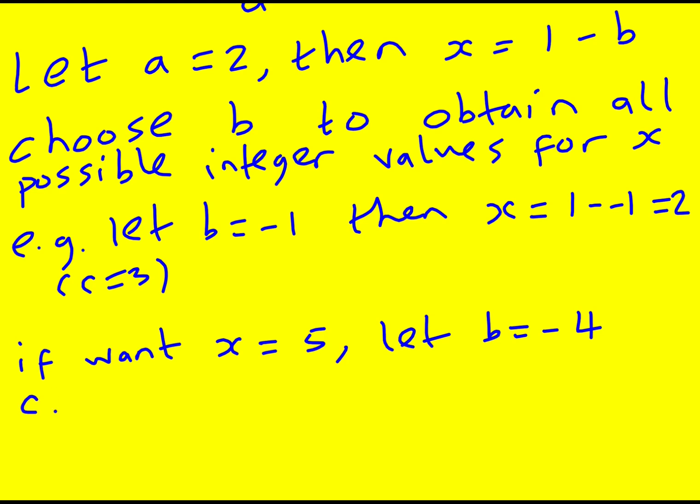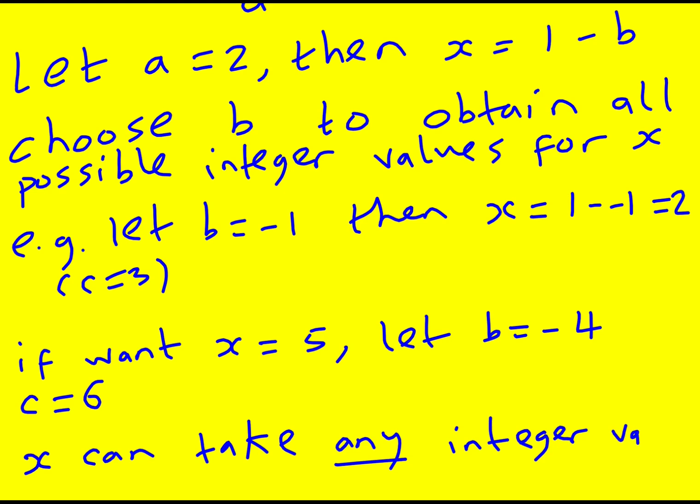So then, remember a is equal to 2, so I've got b plus c is 2, so c would equal 6. And overall, therefore, x can take any integer value.